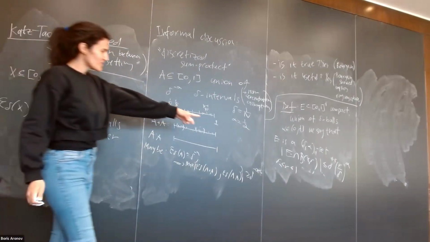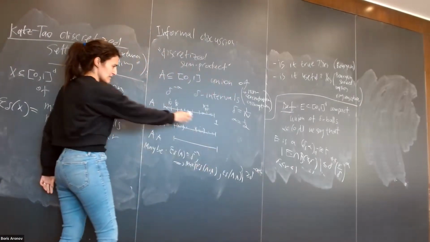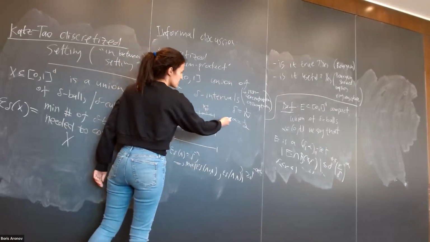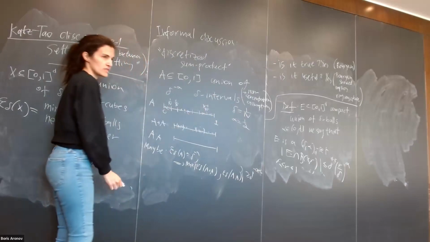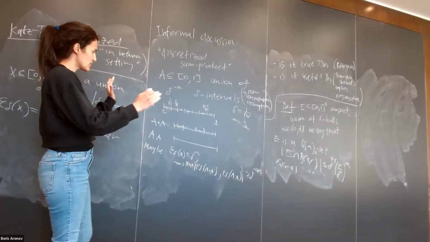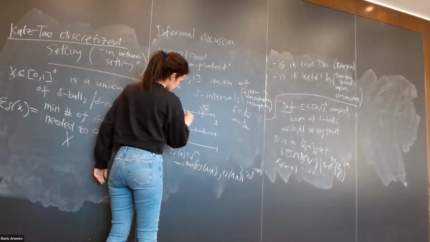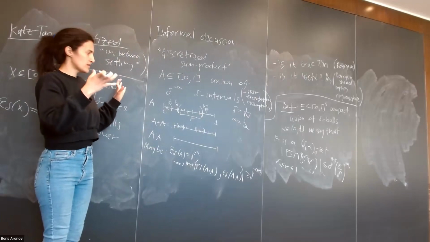So how to interpret this condition? In this example, we had square root n intervals of length 1 over n, right? But what we want is that if we restrict to some sub-interval of length r, we want it to look more or less like the big set. What does it mean?